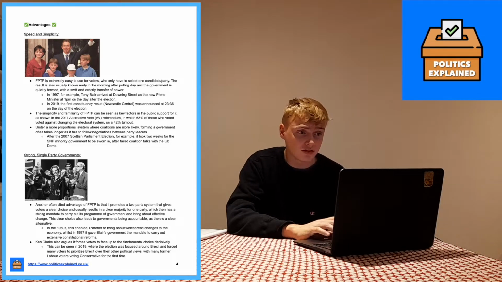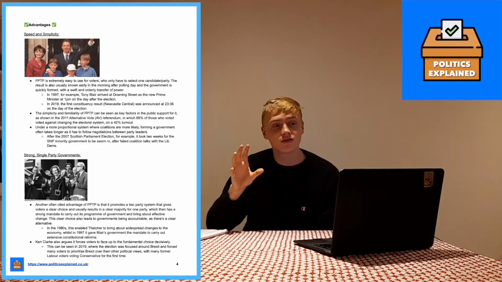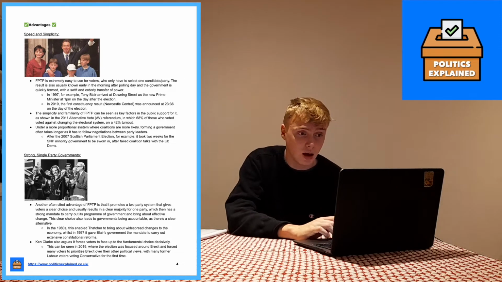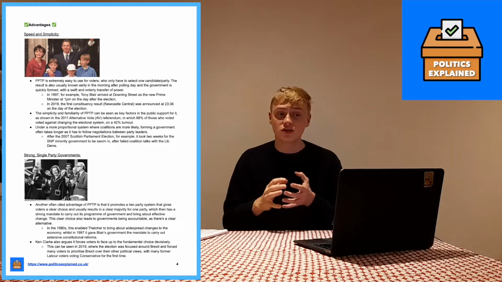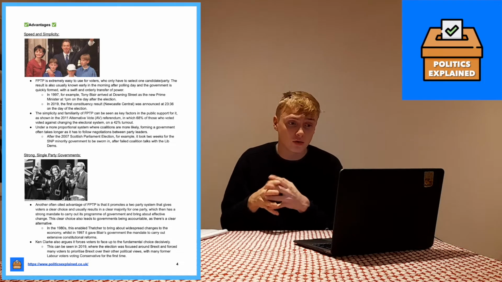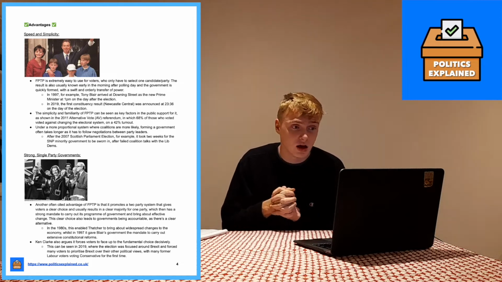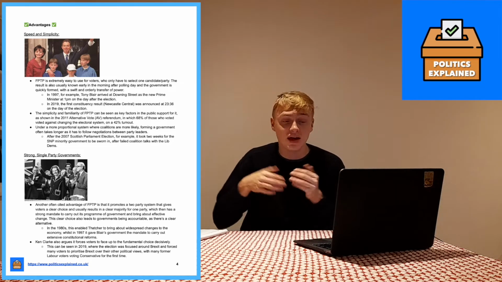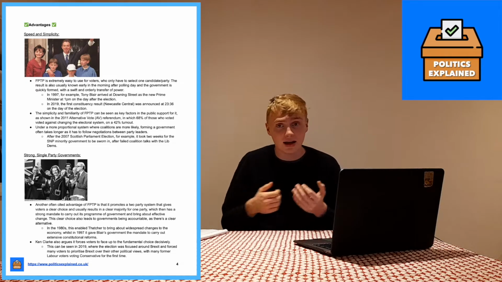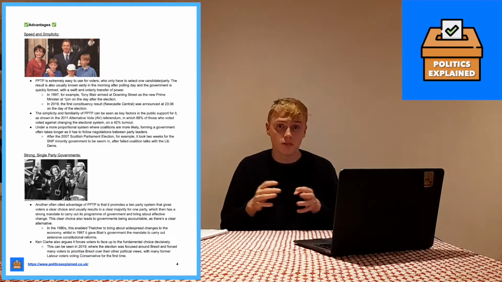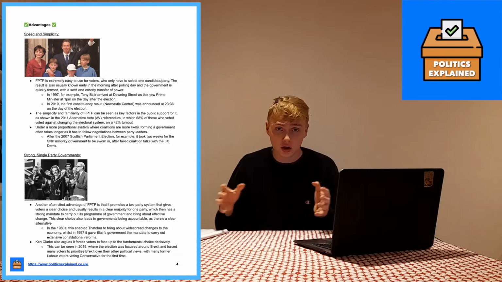The next often cited key advantage of first past the post is that it leads to strong single party governments. First past the post leads to a two-party system that gives voters a clear choice and usually results in a clear majority for one party, which then has a strong mandate to carry out its election manifesto. You see that in Thatcher, who massively changed the economy, with huge changes to public life, to the economy, to politics.